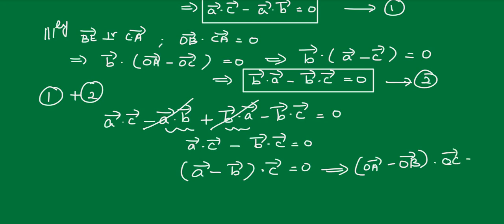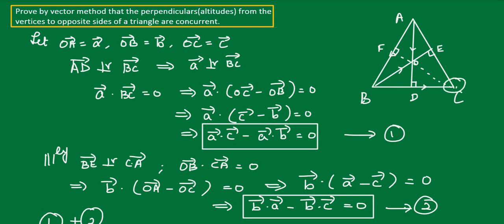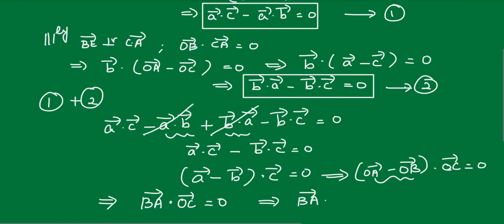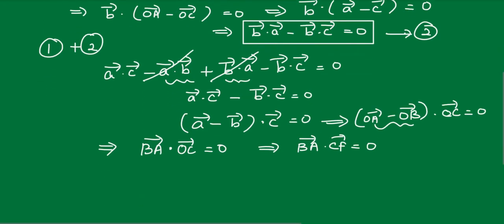OC can be written as OC vector, which is equal to 0. OA vector minus OB vector is BA vector, so BA vector dot OC vector is equal to 0. OC is directed from the vertex C, and therefore it can be written as BA vector dot CF vector is equal to 0, which gives us the result that BA vector is perpendicular to CF vector.